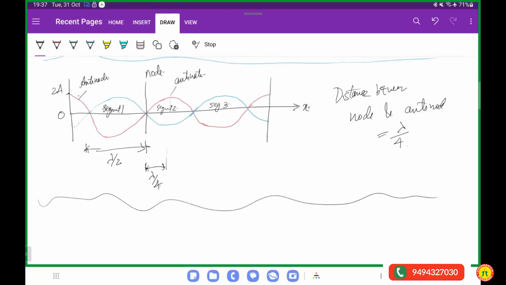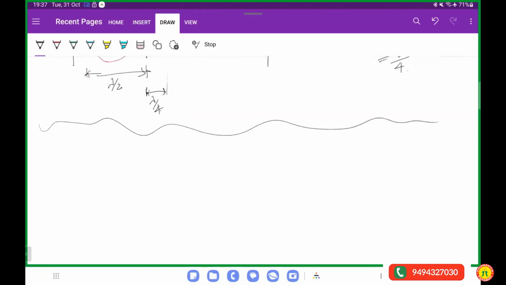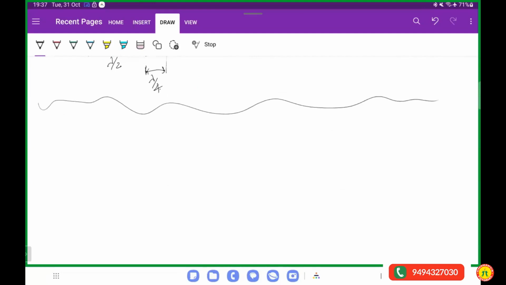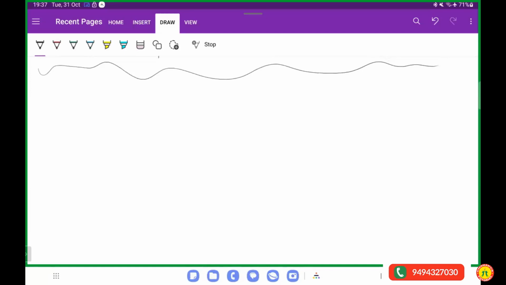When you vibrate that string, any type of string, let it be a guitar string or any musical instrument string or any other rope which is hanging somewhere, anything. Let's see here: waves in a string.